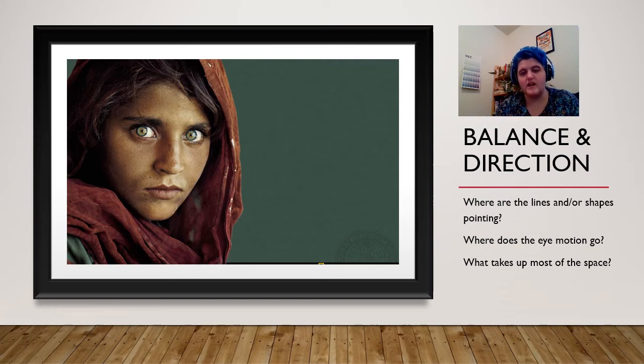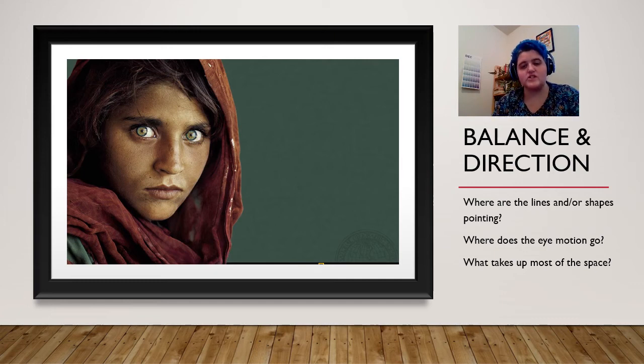And because of the balance here, there's nothing here, and so we want to go look for something, and that pushes us towards this edge of the image, and then she is looking directly at us, and so that catches our attention. We're kind of primed to, if someone's looking at us, to look back, and to see why they're looking at us and why they're paying attention to us. So we have that kind of instinctive response to do that.